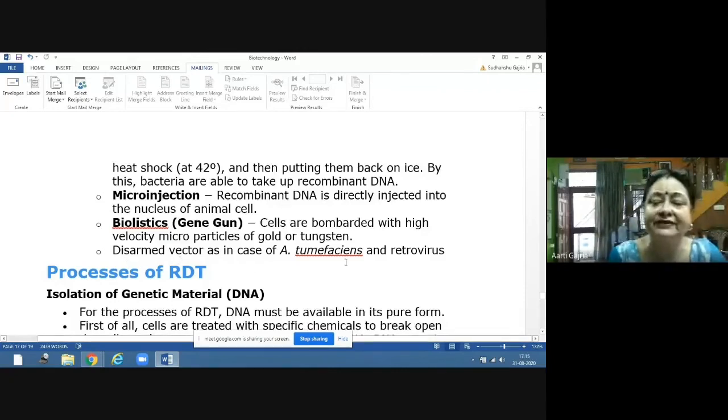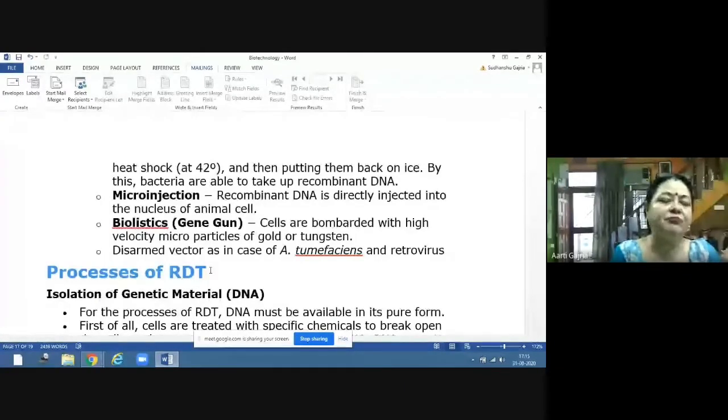Then disarmed vectors, as in the case of A. tumefaciens, this we have seen, the tumor-inducing plasmid, and the retroviruses disarmed. When they are not able to create the infection, they are also used as vectors.